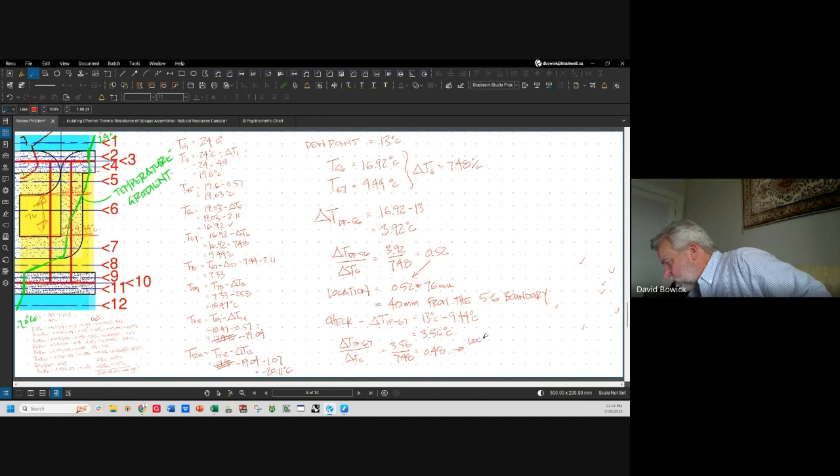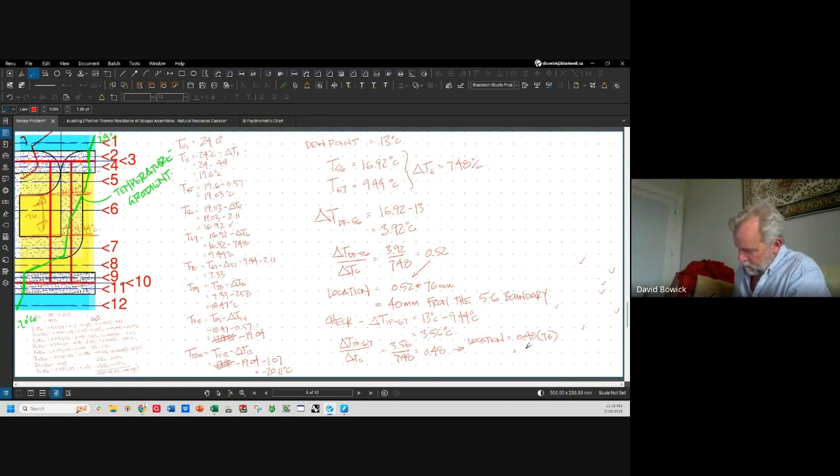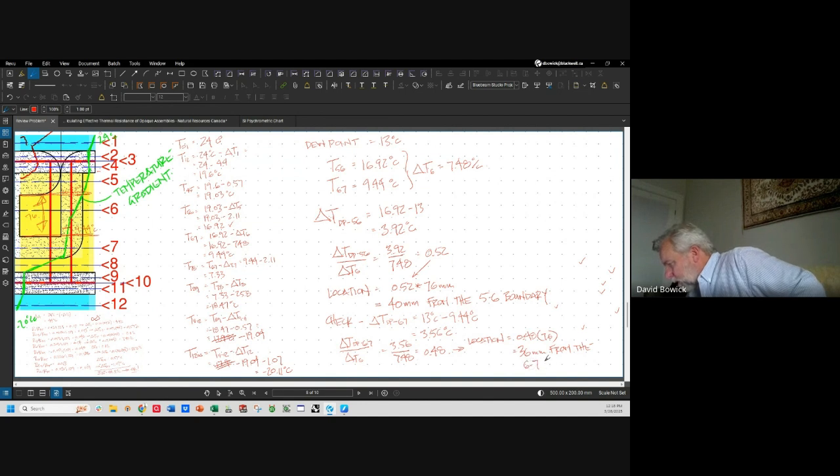Now the location equals 0.48 times 76, which equals 36 millimeters from the 6-7 boundary.